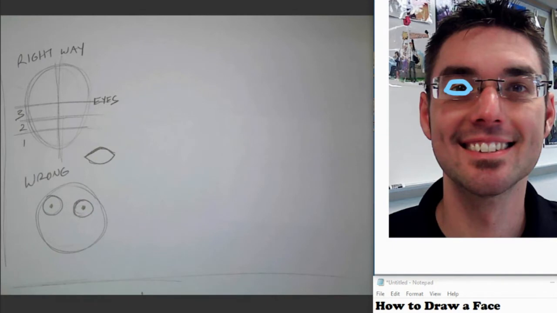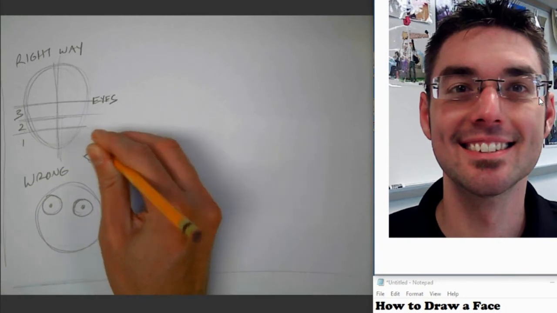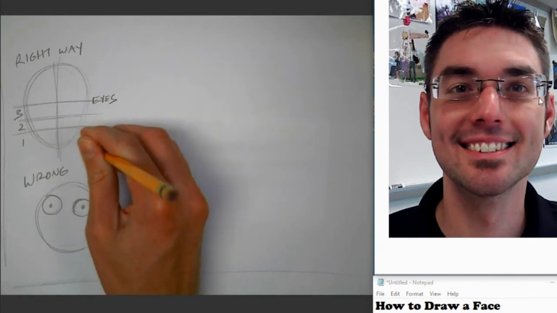The other thing that I want to point out is, look at the iris and where the pupil is. It's not a full circle because the eyelid is going over it. So you're not going to put a little eye in the middle. You're actually going to put, here's the whole iris part.